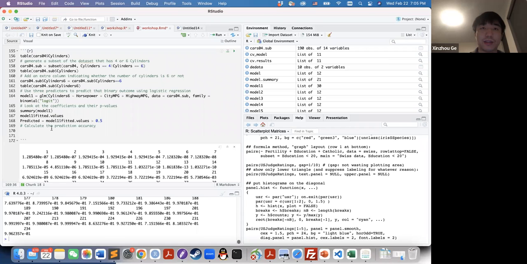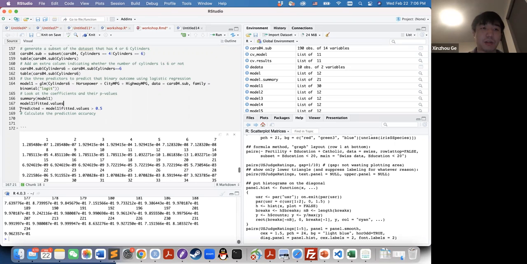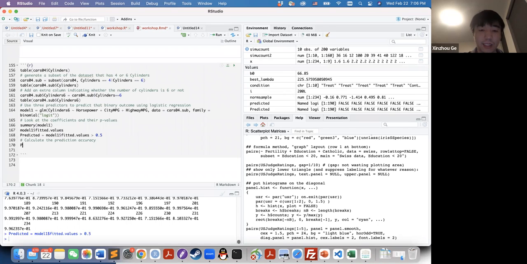Here we can see we have the fitted values from the logistic regression model, and we compare the fitted probability with 0.5. So here I define a new vector called predicted, which is whether this probability is greater than 0.5. Then we compare the predicted value with the actual value, which is the cylinder 6 variable from the data that we had defined, to see whether these two are the same.